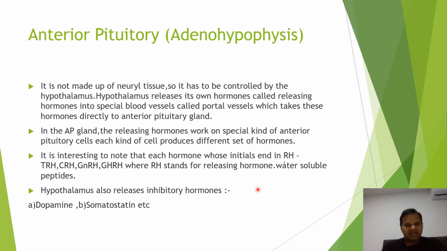In the anterior pituitary gland, releasing hormones work on a special kind of anterior pituitary cells. Each kind of cell produces different sets of hormones.